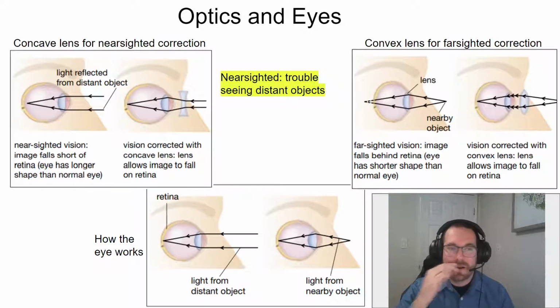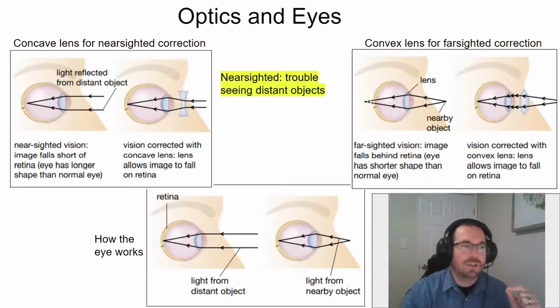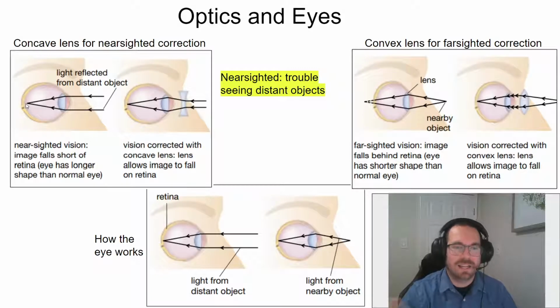And people that are much more nearsighted, which are probably most of us that have glasses right now, what that means is your eye is slightly longer than it should be, and so the image or the light that's coming into our eyes and refracting from our lens, it's focusing a little bit before where it should. And so then when it does get to the back of our eye, when it does get to the retina, it ends up being a little bit blurry for us.